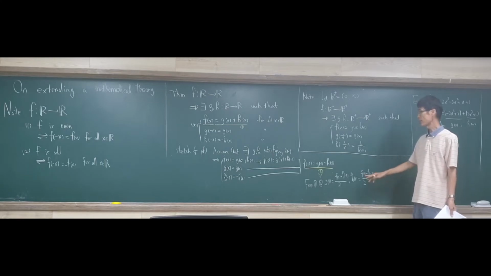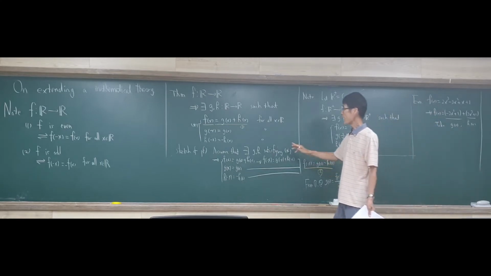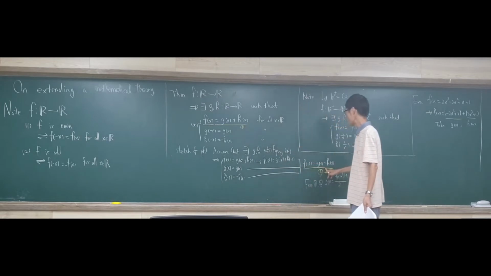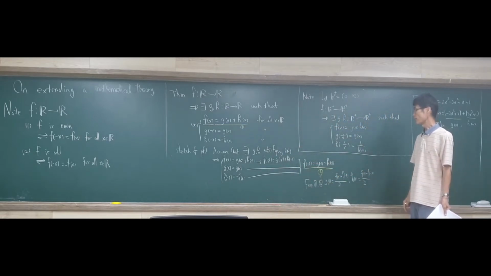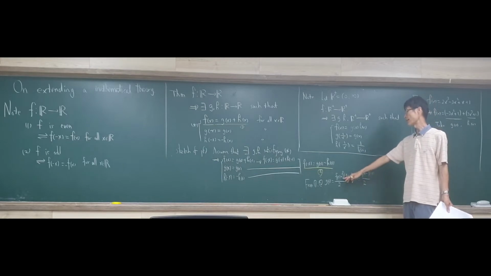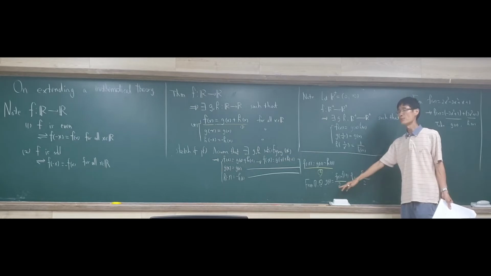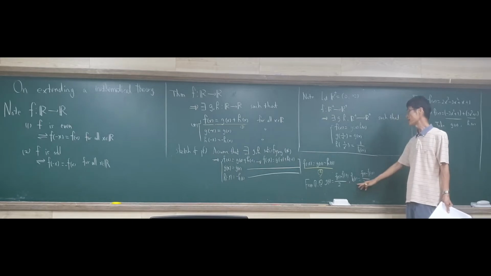So actually, by adding the first equation and the second equation, we can see that twice g of x is equal to f of x plus f of minus x. So g of x becomes f of x plus f of minus x over 2, and h of x can be given also in this way.